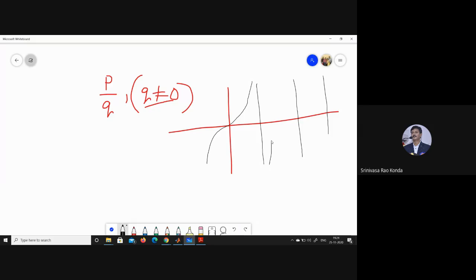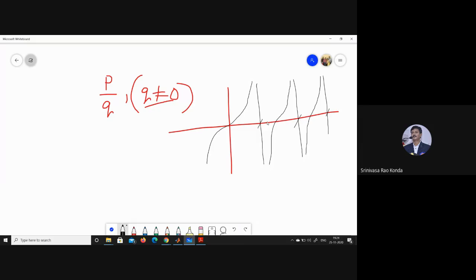Whether you observe this type of curve or not, I don't know, there will be dotted lines. So here the function is not defined. The meaning is at this point the function is not defined: x is equal to pi by 2, 3 pi by 2, 5 pi by 2. At these points the curve has a gap between these two.